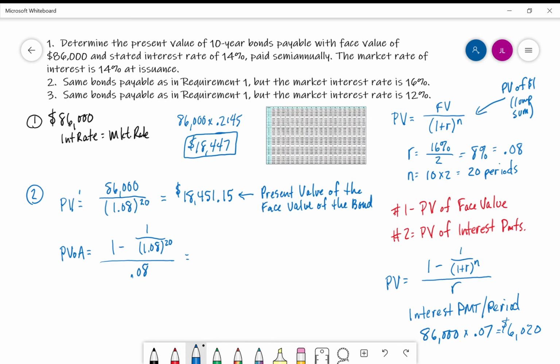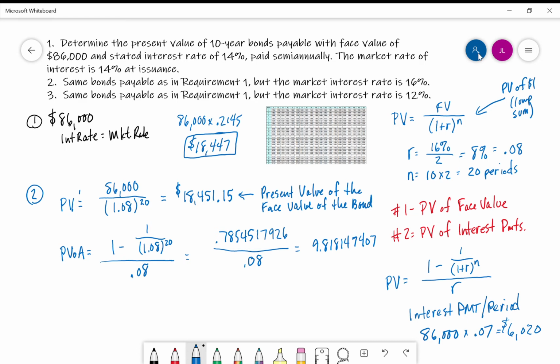Okay, back to it. We're essentially looking at 0.7854517926 over 0.08, and when we divide that, we get 9.818147407.